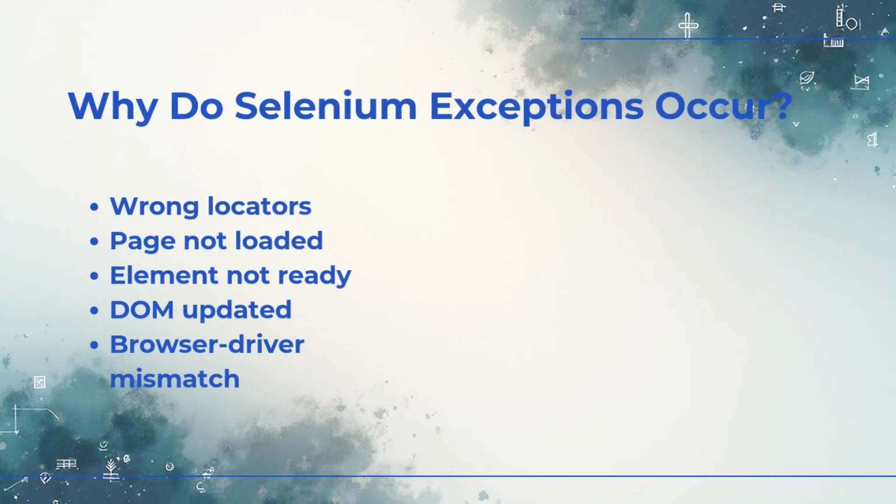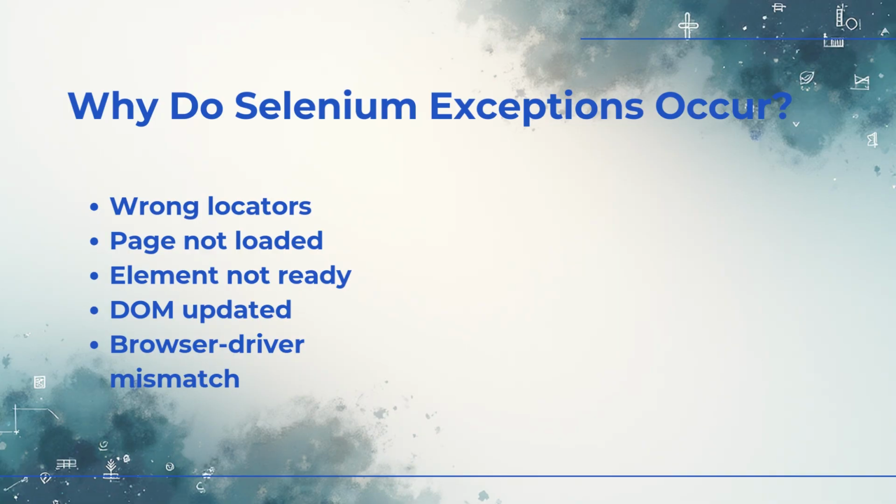Why do Selenium exceptions occur? There are several reasons for Selenium exceptions to happen. The first one may be that the element might not be on the page yet. So remember the DOM versus HTML concept.